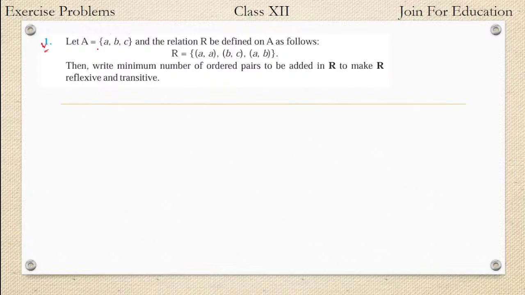A, B, C are the elements of set A and relation R is defined on A as follows.